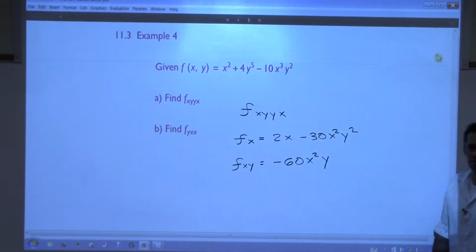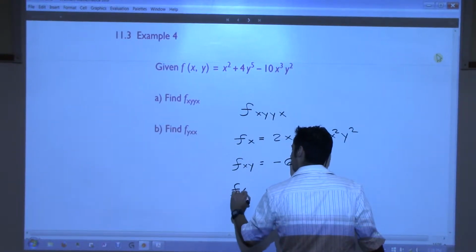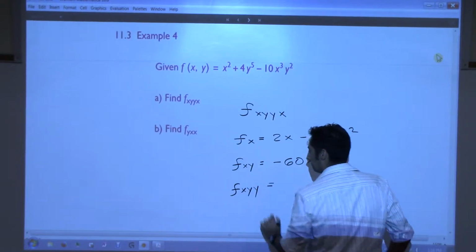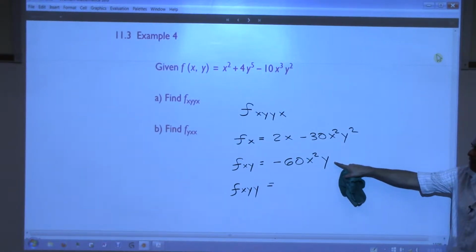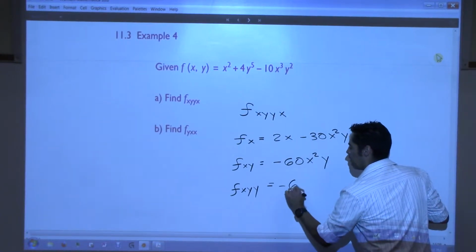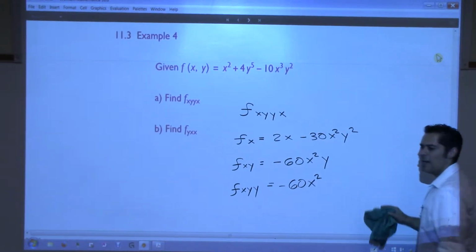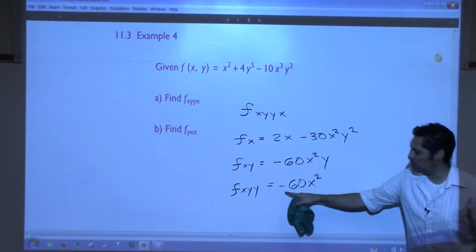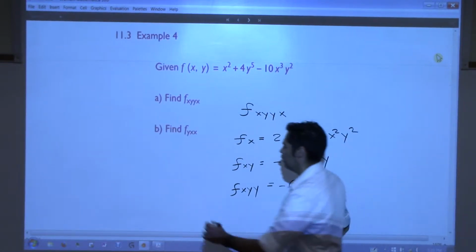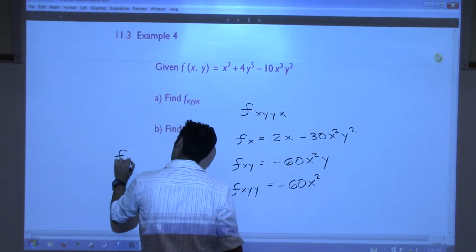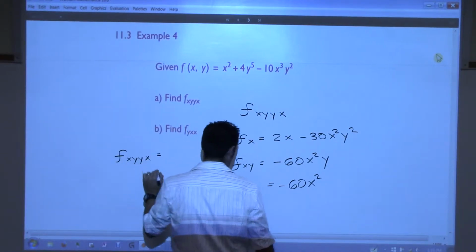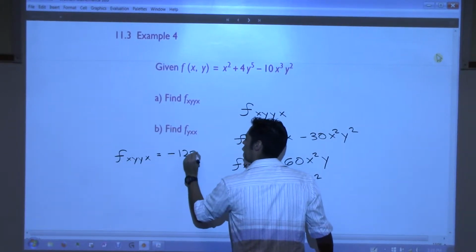That's also the one we just did, isn't it? Now let's do the partial with respect to y again. What's the partial with respect to y of this? Negative 60x squared. And then finally, what's the partial with respect to x of that? Negative 120x.